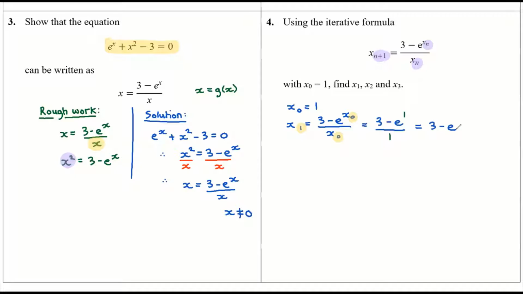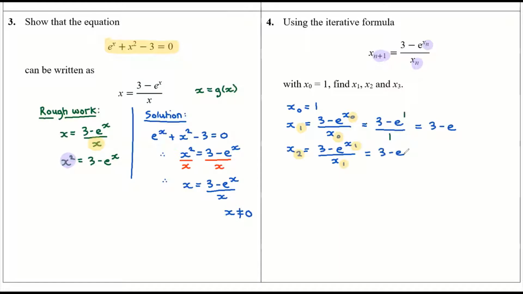Now for x2, we use our x1. So x2 is going to be, using the iterative formula, 3 subtract e to the x1 over x1. Once again, just looking at the subscript, the subscript on the right hand side is 1 less than the subscript on the left hand side, and we can use our x1 in this. So this is going to be 3 subtract e.